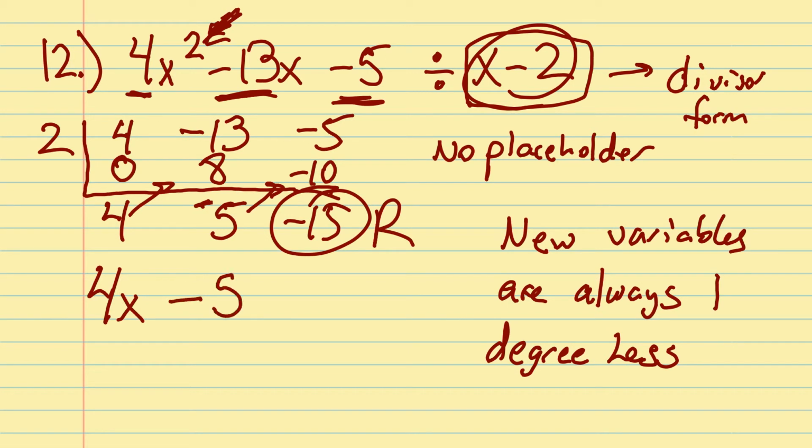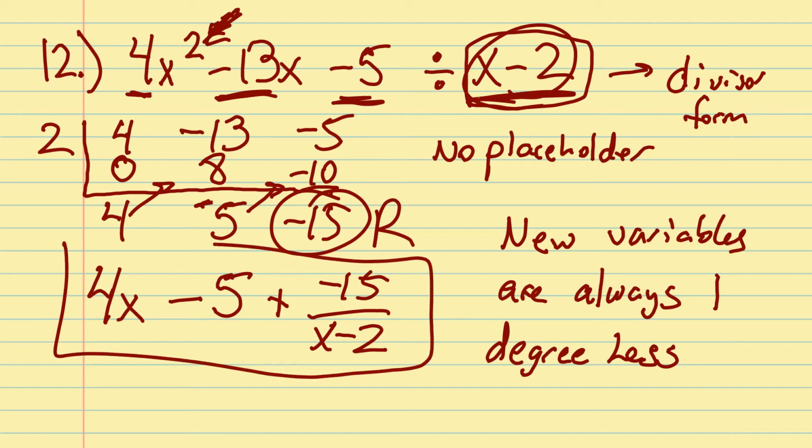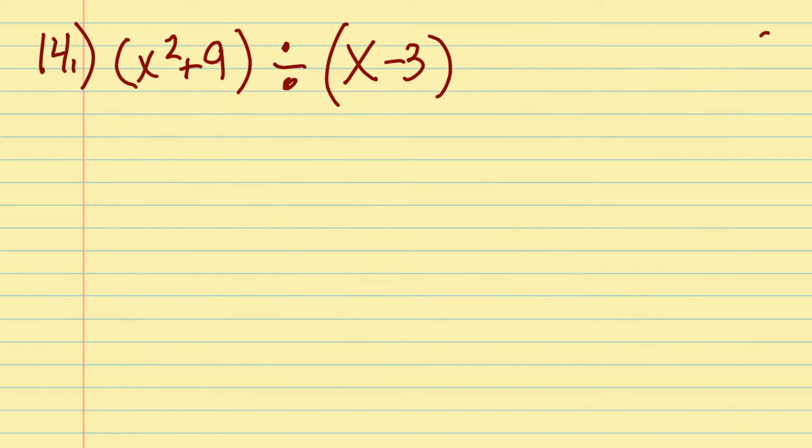And then if I'm doing my countdown, this next one doesn't have a letter because I have x to the first, so there's no x. And then I add my remainder, negative 15. Remember, our remainder theorem tells us we put the divisor on the bottom of that fraction. And that's it. Here's number 12.